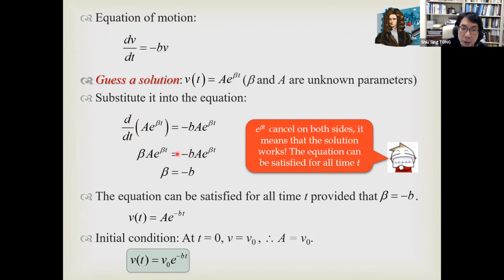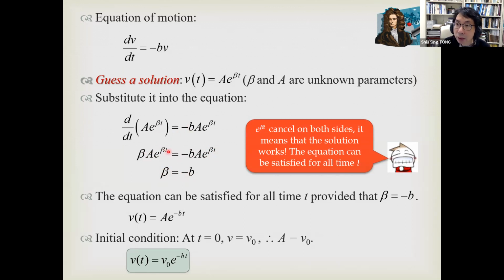Now you see immediately that if these two sides are to be equal, after canceling the exponential factor, you get beta equal to minus b. So that means this equation can be satisfied for all time t if beta is set equal to minus b.